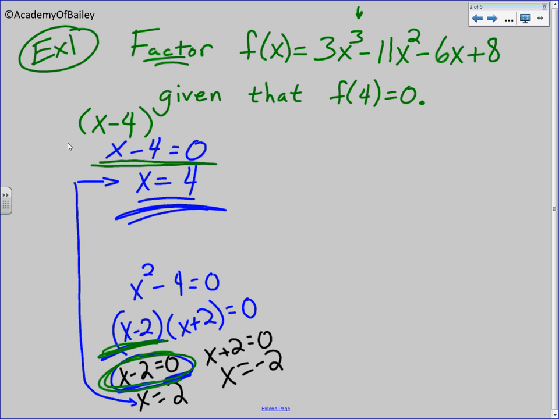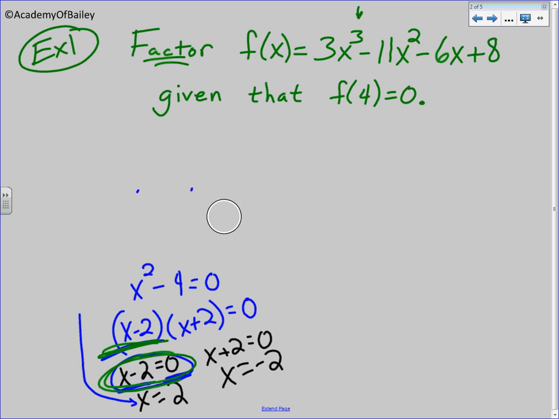You need to be able to go from f of 4 is equal to 0 to recognizing that we get that factor. Okay, so that was one step. You got to keep that on the back burner, because we're going to need that towards the end.